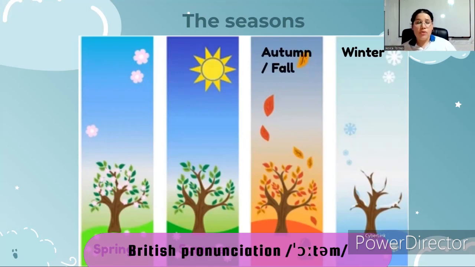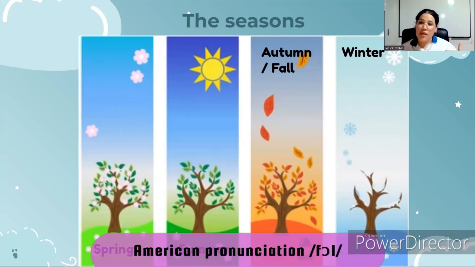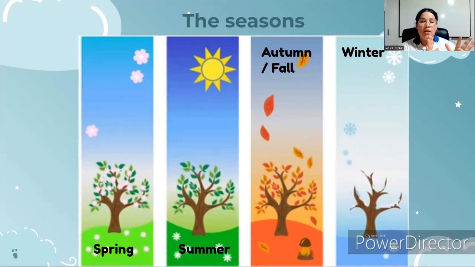Or you can also hear this as fall, fall. And here I want to clarify something. The American version and the British do not only distinguish in their pronunciation, they also have different vocabulary, yes, or words to describe something.